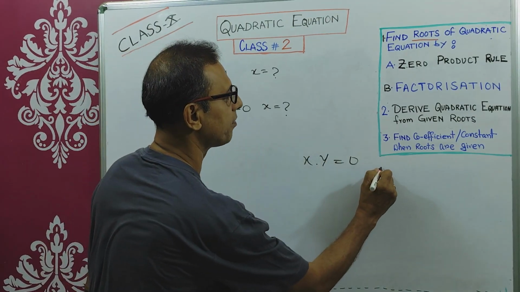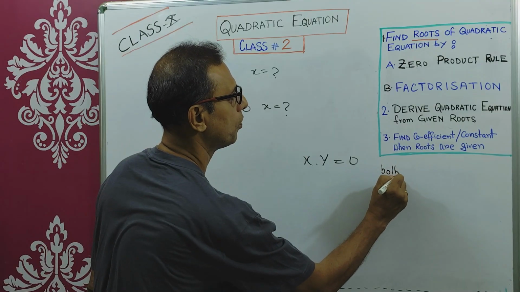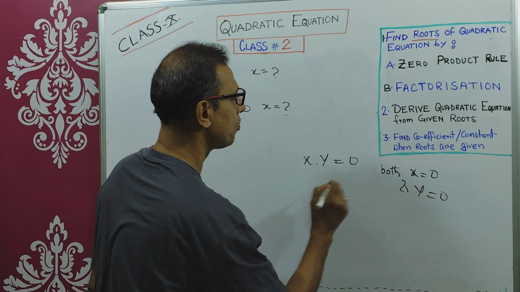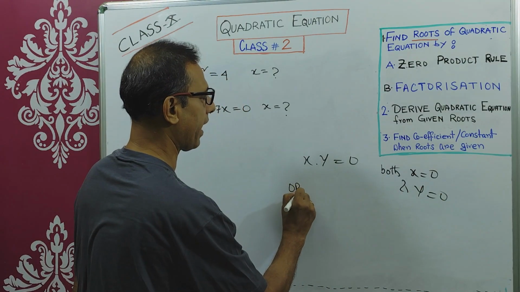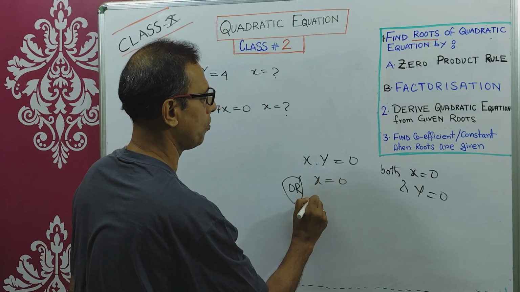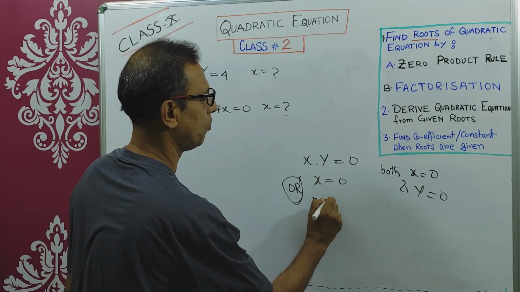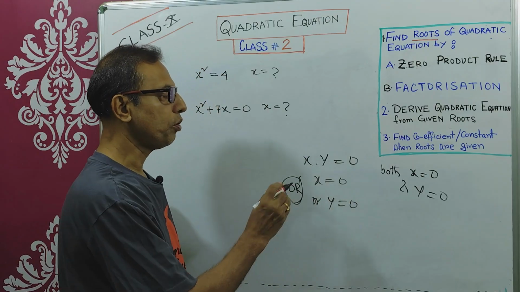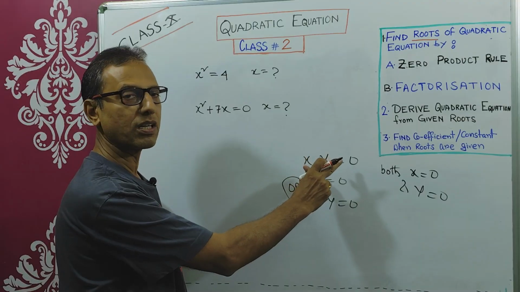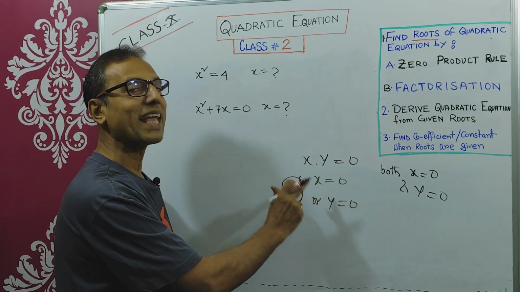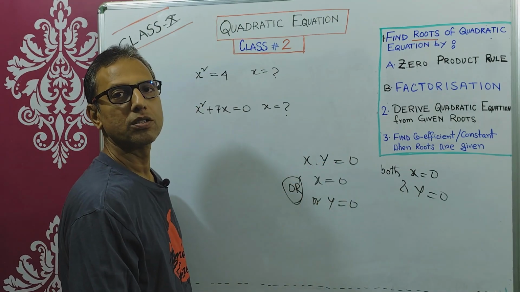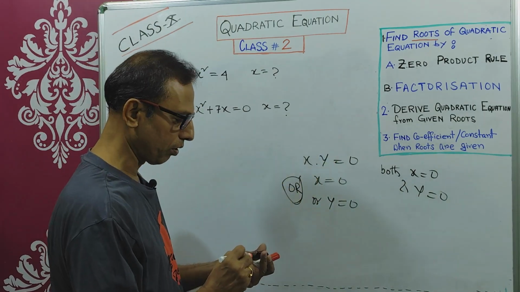That means either x equals 0 and y equals 0, or x equals 0 or y equals 0. So if you multiply two expressions and the product is 0, at least one of them is 0. This is called the zero product rule.